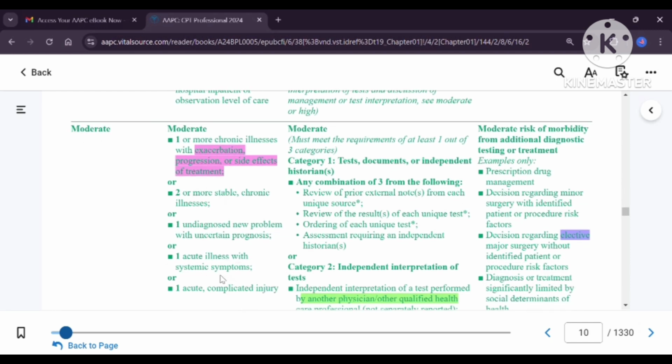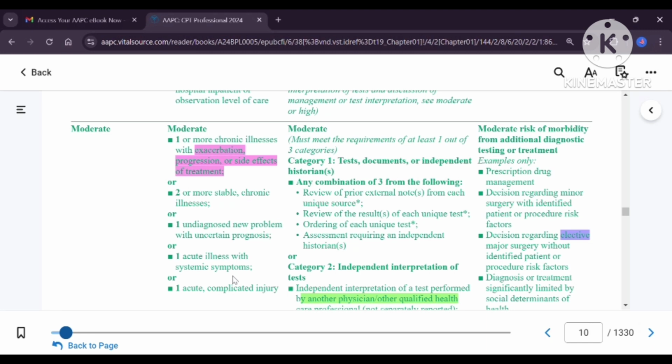Or if the patient is having one acute illness with systemic symptoms. For example, the patient is having fever, cold, cough for the past 2-3 days, and now he is having some difficulty in breathing. That means it has affected the respiratory system fully. So if it has affected the lungs, then only the patient will be having some systemic symptoms.